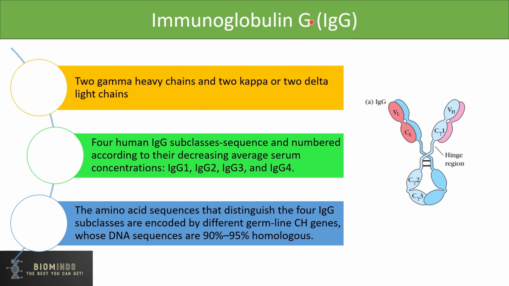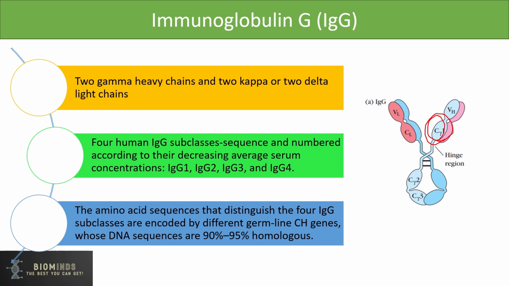Why is a different letter mentioned for each type? It is because there are two kinds of chains present in the antibodies, as we have already discussed: the variable region and the constant region. Here you can see there is a C gamma.